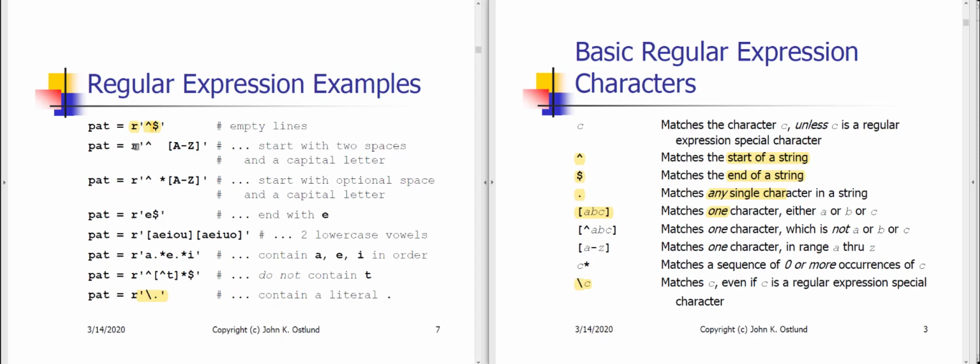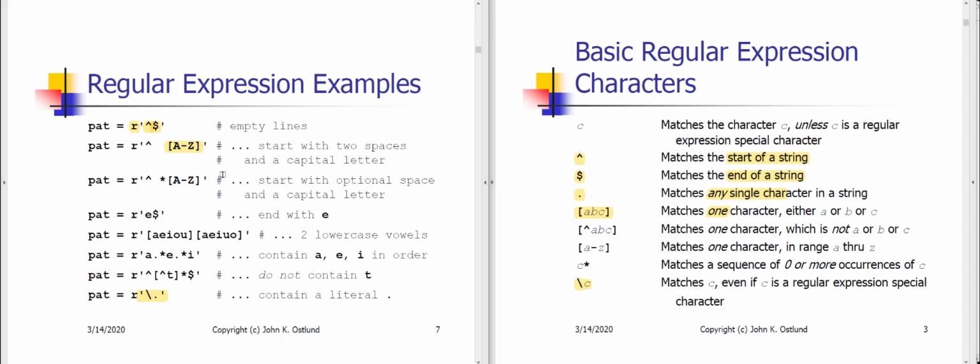And in this next example here, we're using square brackets with a range of characters, capital A through capital Z. Now, in the ASCII character set, which we're using on our systems, the capital letters are in ascending sequence.